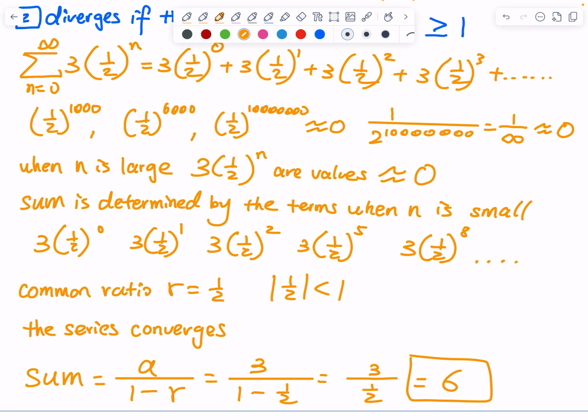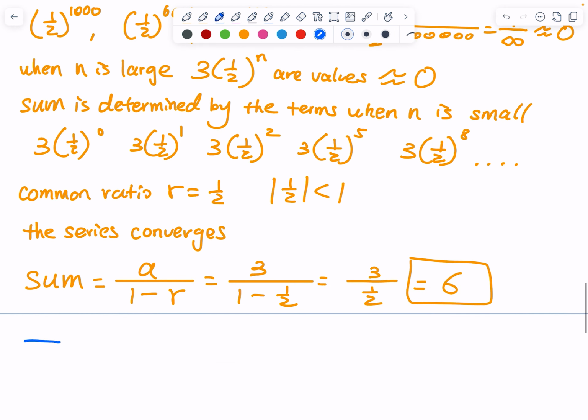Then let's take a look at divergence. For divergence, all I need to change is this. I will do a summation, n goes from 0 to infinity, of 3 times 2 to the nth power. That's all I have to do.